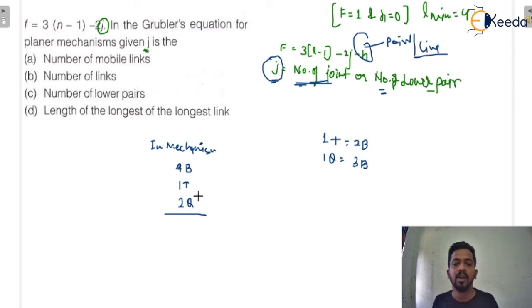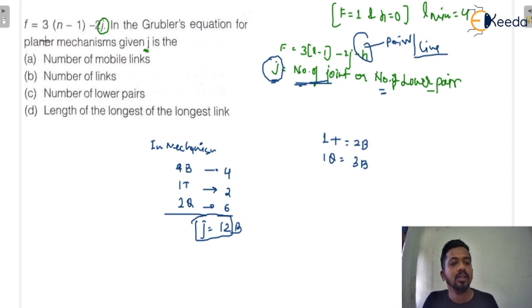J represents the number of joints, but these joints must be in binary form. So that is 4 binary. 1 ternary means 2 binary. 1 quaternary is 3 binary, so 2 quaternary is 6 binary. So how many joints are there? That is 12 binary. That is the value of J.